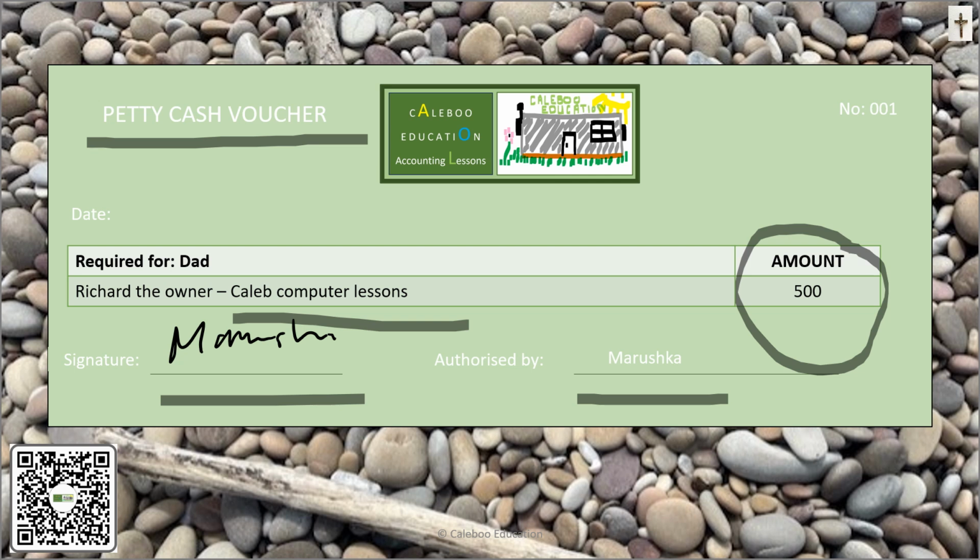So in this video I've most probably gone into a lot more detail than I intended to, but basically all transactions are recorded on source documents. When you watch the videos on the journals, cash book receipts, cash book payments, I go over the source documents again and in some detail.